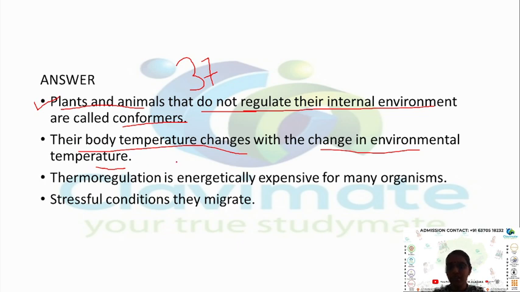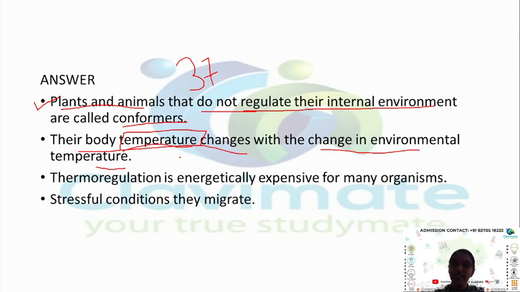Abiotic factors, we saw in the previous slide, we have water, temperature, etc. So here temperature plays a major role in the conformers. So when temperature changes, the body temperature changes.